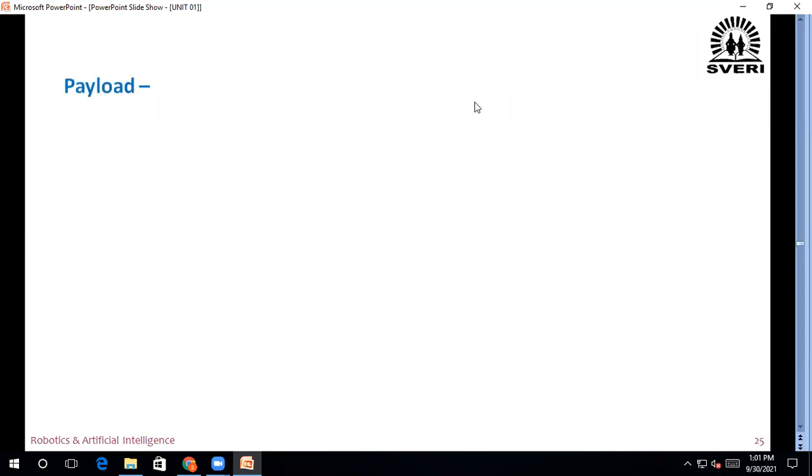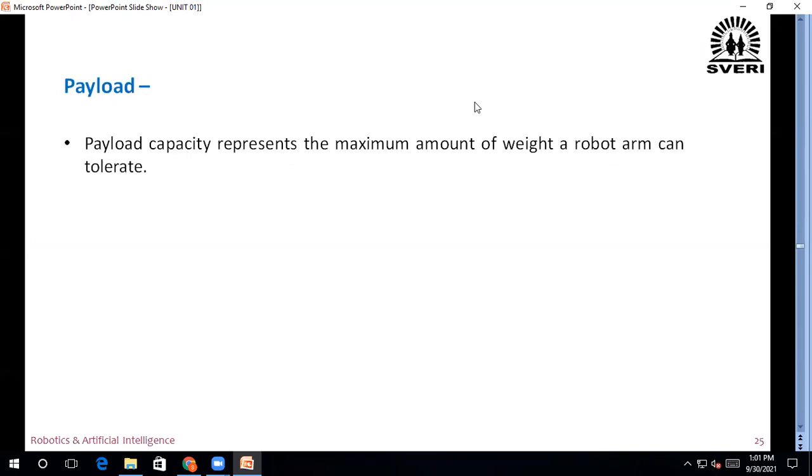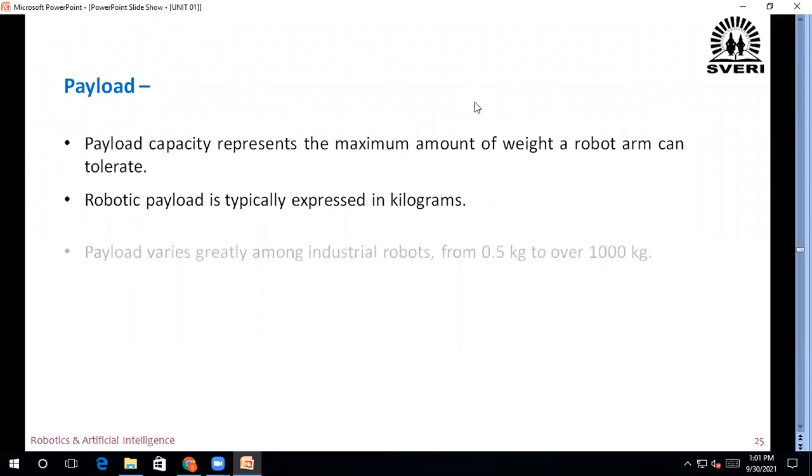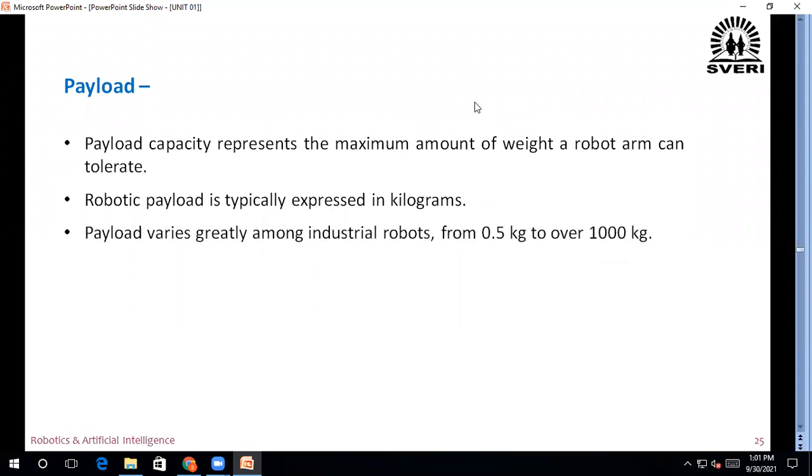Now payload. Payload capacity represents the maximum amount of weight a robot arm can tolerate. Robotic payload is typically expressed in kilograms. Payload varies greatly among industrial robots from 0.5 kg to over 1000 kg.